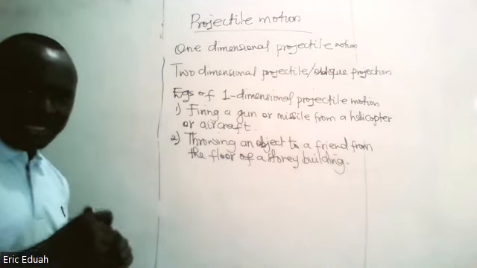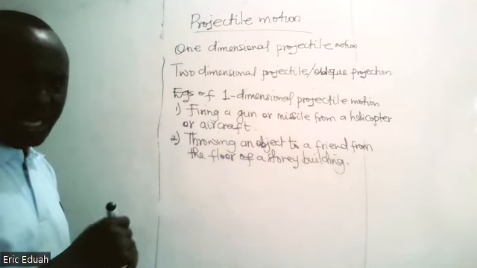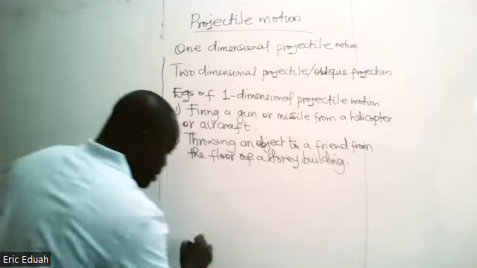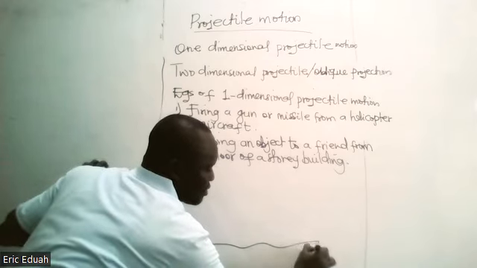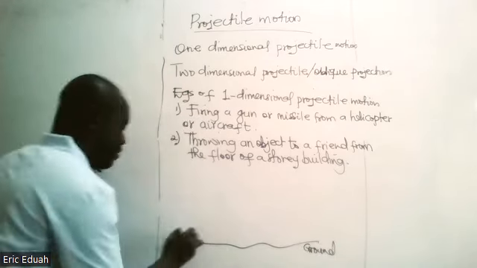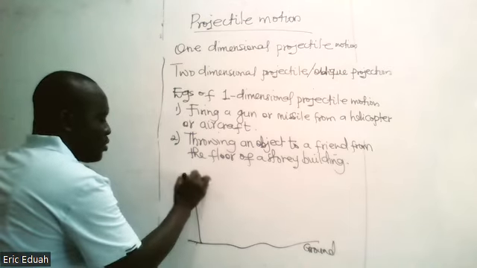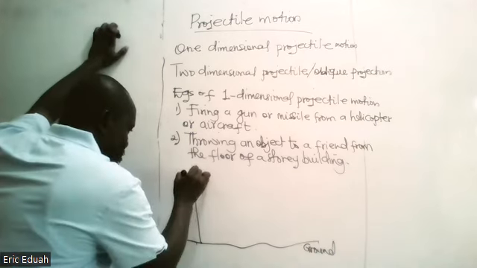So let's look at somebody on top of a storey building throwing an object. This is the ground level.